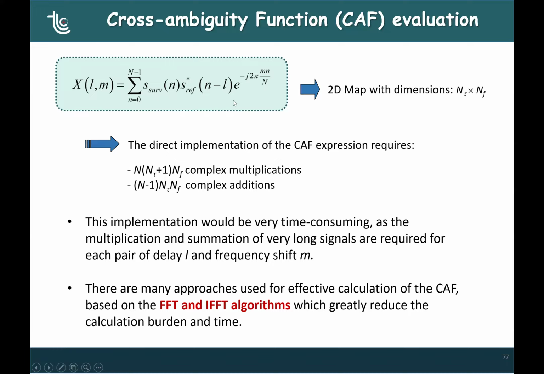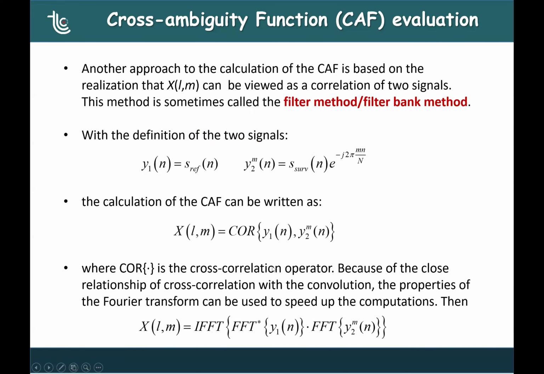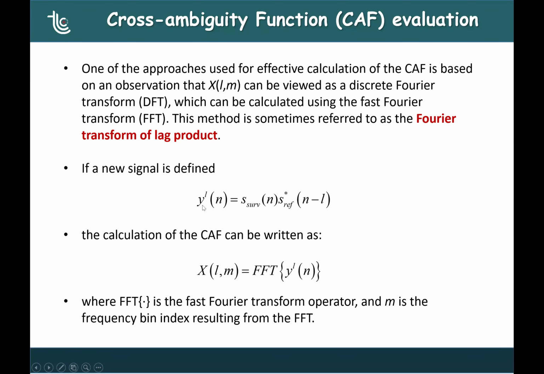Then you see that this is the Fourier transform of the signal. Then we can calculate the cross-ambiguity function as the fast Fourier transform of the signal y_L[n]. Okay, so of course we do it for each n and for each L.